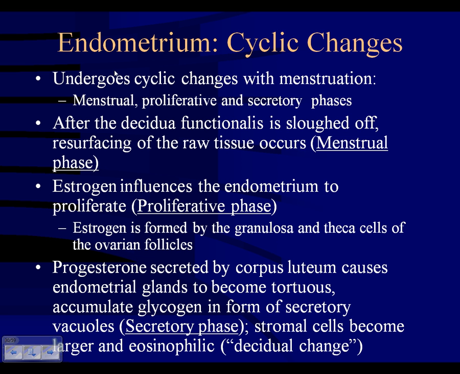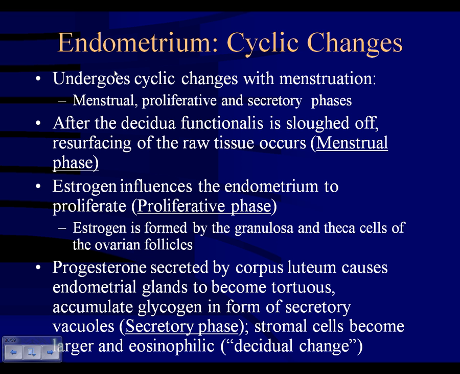So the cyclic changes in the endometrium: you have your menstrual phase where everything gets sloughed off except for that basalis, and then you have the proliferative, estrogen-dependent phase, where the endometrium is reconstructed with straight tubular branching glands, and then the secretory phase where they produce a thick mucousy material that maximizes the potential for implantation if a fertilized egg should come down.